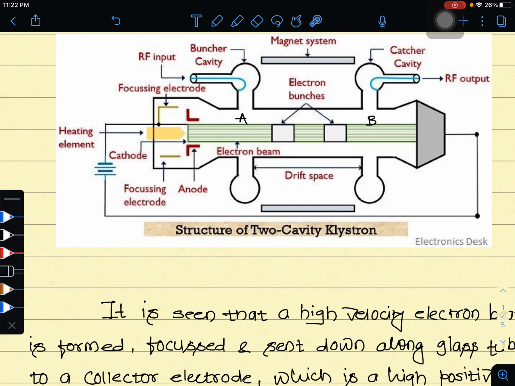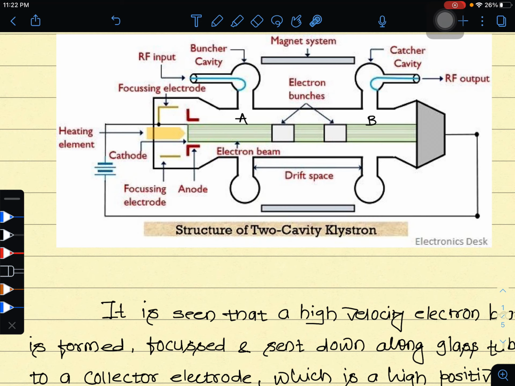Then let us see the point of oscillations. If all goes well, that means the electrons travel through the drift space and their frequency as well as their amplitude are determined very well.